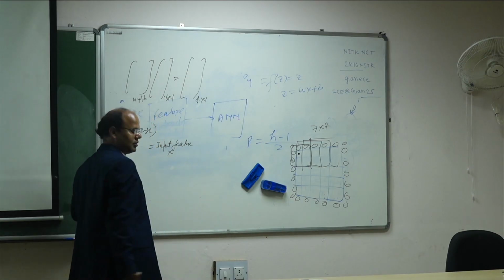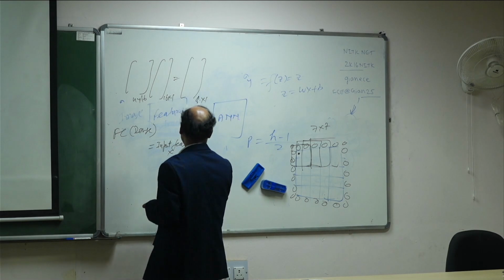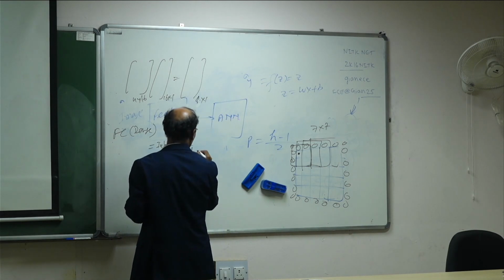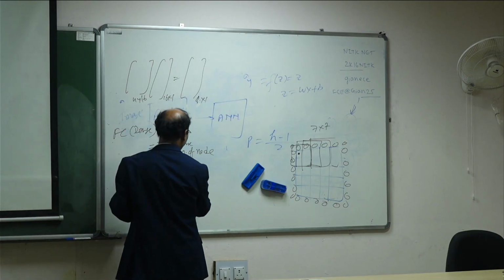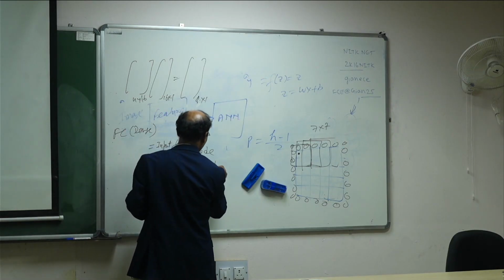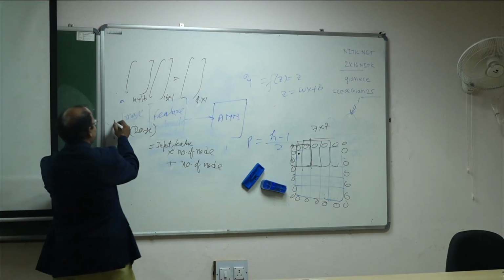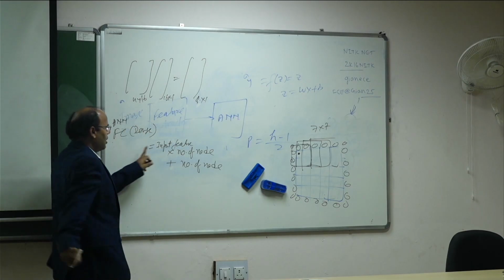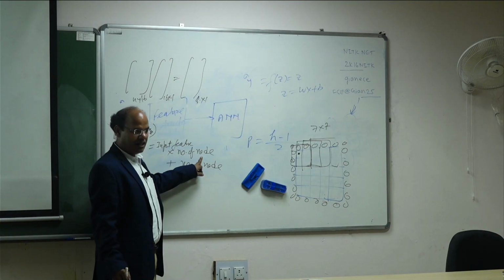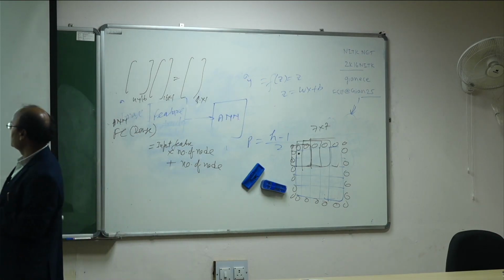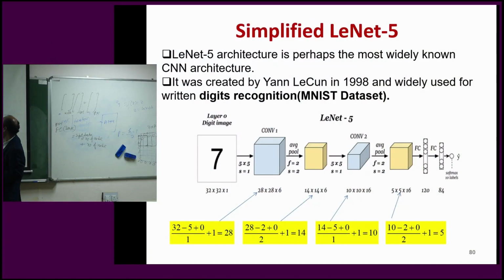The number of parameters is the input features, whatever the features are, multiplied by the number of nodes, plus the number of nodes. This is for the fully connected layer, or simple ANN. Input features multiplied by the number of nodes, and this is a fully connected layer.